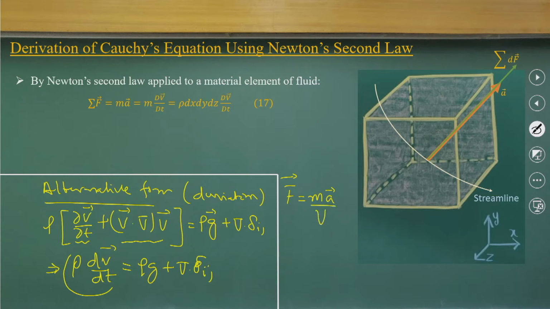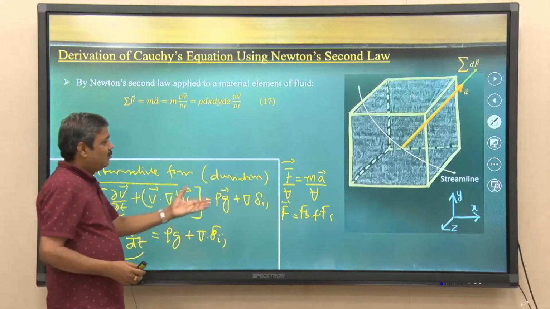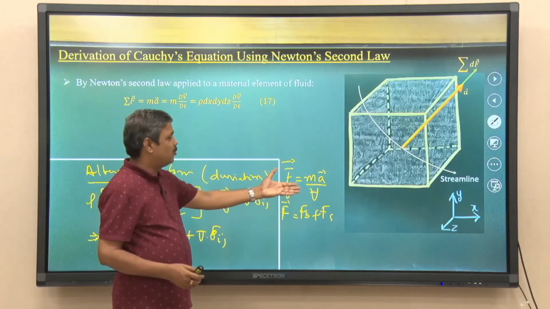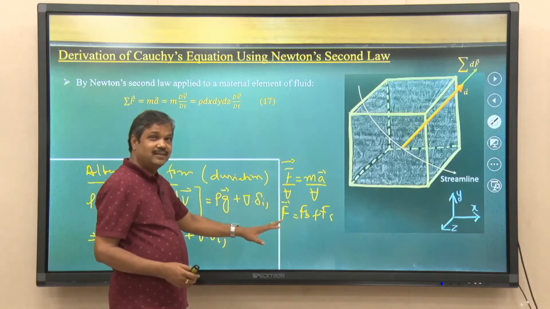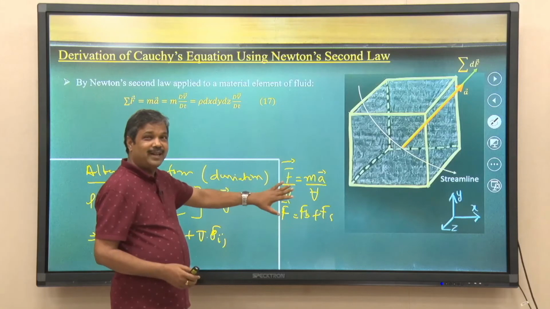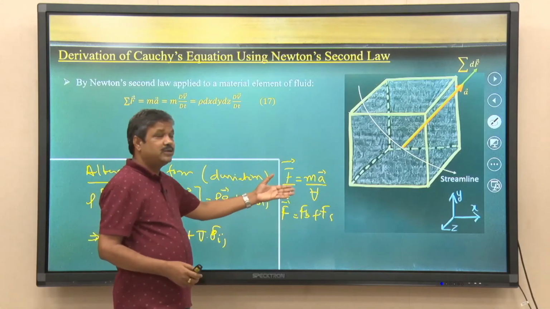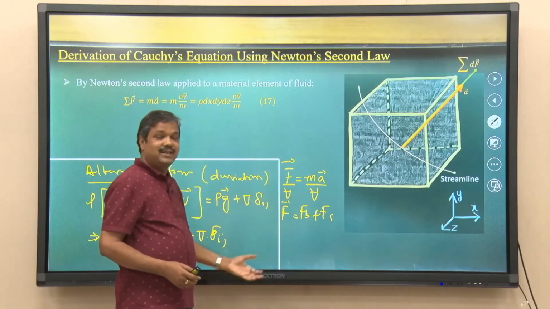If I divide by the volume, I will get this part, and the forces are the body force and the surface force. Even with vector notation, we are deriving the very basic Newton's second law, that force is equal to mass into acceleration, nothing else. Please remember that we are not deriving a new hypothesis, we have followed the same hypothesis, that force is equal to mass into acceleration.